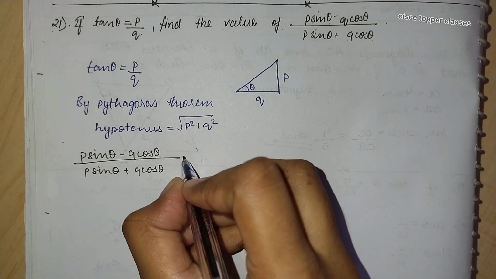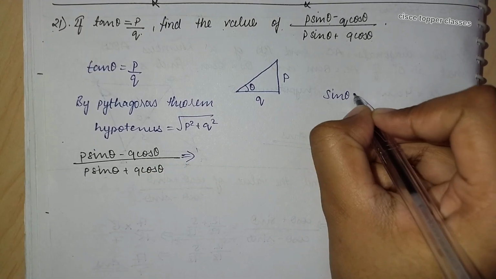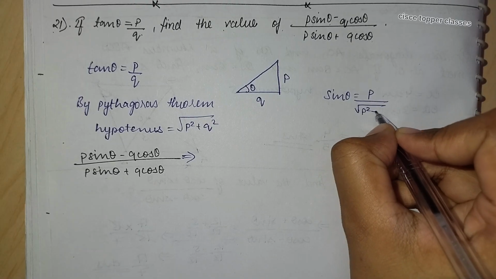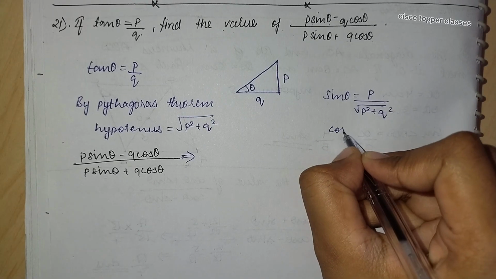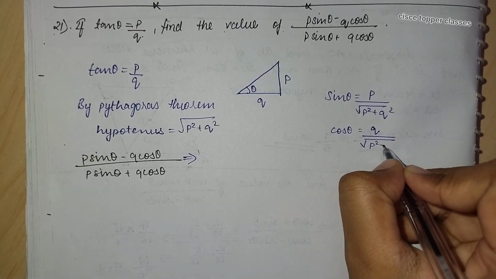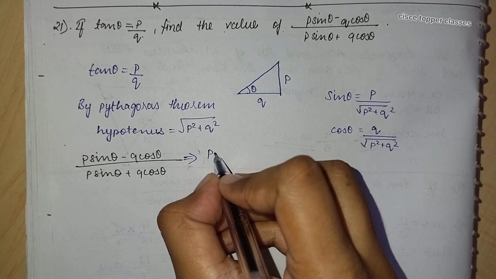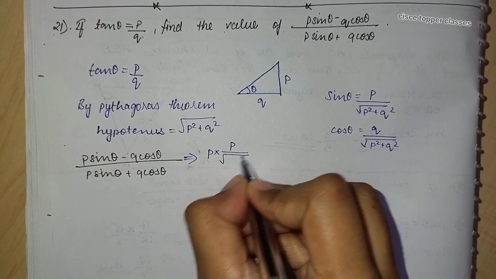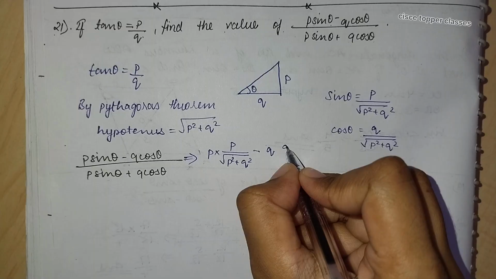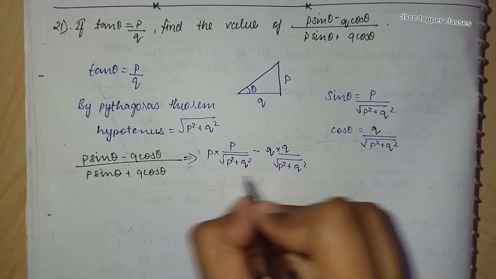If we put the value of sin theta, sin theta is perpendicular by hypotenuse, so this will be p divided by under root p square plus q square, and cos theta will be base by hypotenuse, q by under root p square plus q square. So we can write p sin theta as p by under root p square plus q square, minus q cos theta as q into q divided by under root p square plus q square.